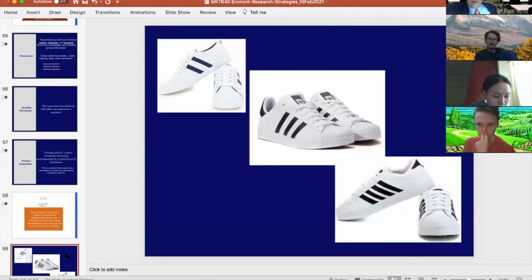Just to explain this, Adidas is the three-band brand. So let's say you say, you know what, they like this design, so let's make a product with not three bands, because that's copyrighted and trademarked. So we're going to do something else. What are the choices? 2-band, 1-band, 4-band, 5-band, and you try to understand what is the best compromise.